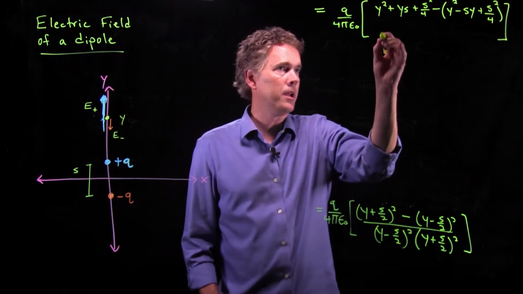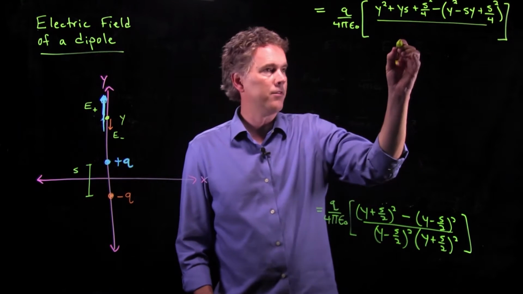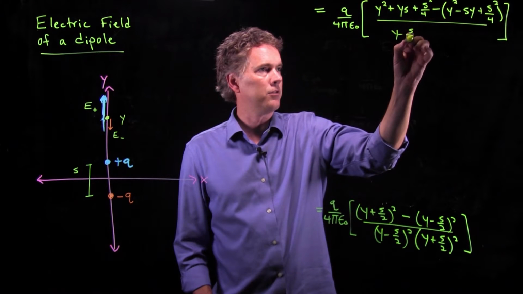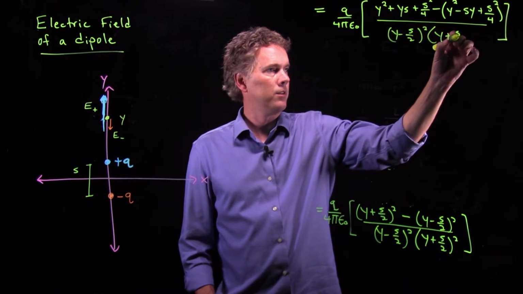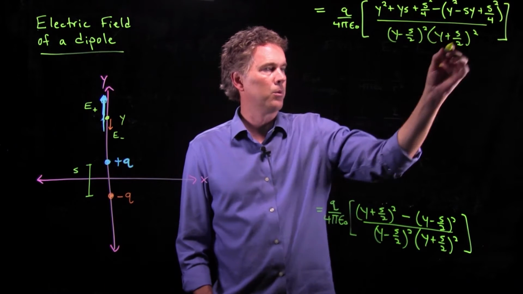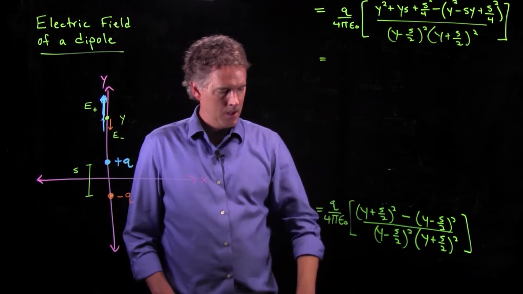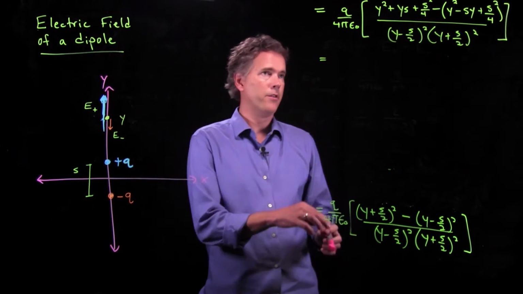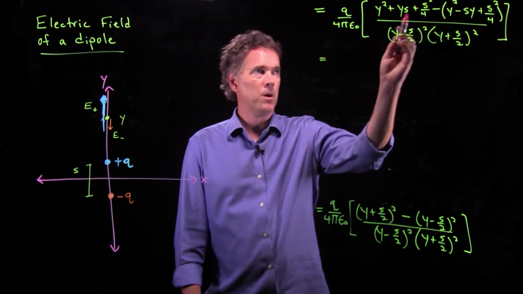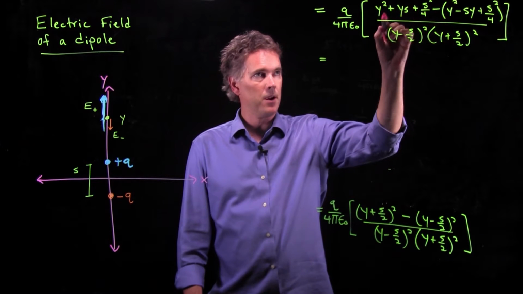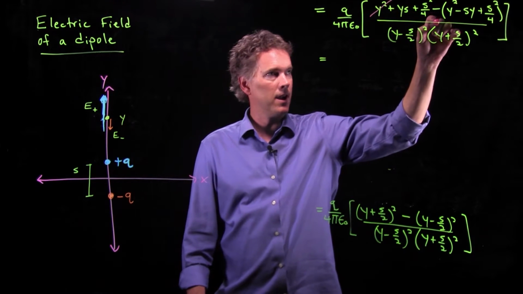And then in the denominator, we still have this, (y minus s over 2) squared, (y plus s over 2) squared. And now let's look at the numerator very carefully. We have a y squared here, but we are subtracting a y squared right there. So this, in fact, goes away.